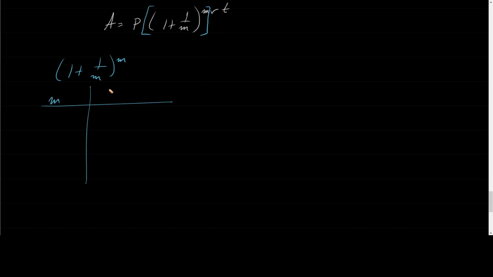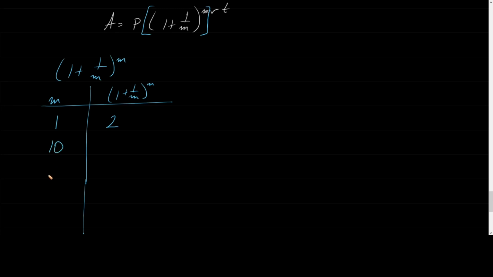What happens to this 1 plus 1 over M to the M? Well, I'll tell you what happens. When M is equal to 1, you just get a simple answer, 2, right? 1 over 1 is 1, 1 plus 1 is 2, 2 to the 1 is just 2.